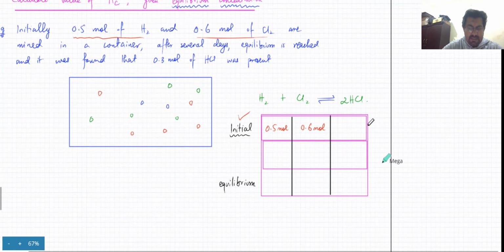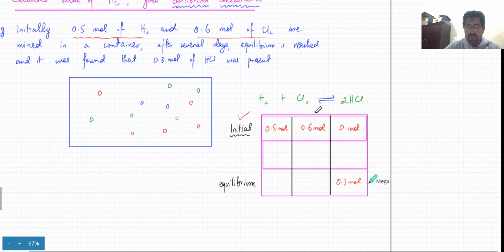He did not add any HCl. So the moles of HCl are exactly 0 to begin with. But then he says that a reaction started, and after several days, an equilibrium was reached, and it was found that at equilibrium you had 0.3 moles of HCl. So after several days, once equilibrium had been reached, you had 0.3 moles of HCl in the container. That's all the information there is.